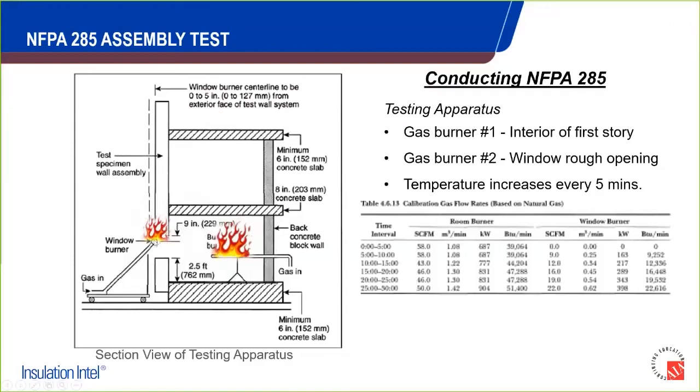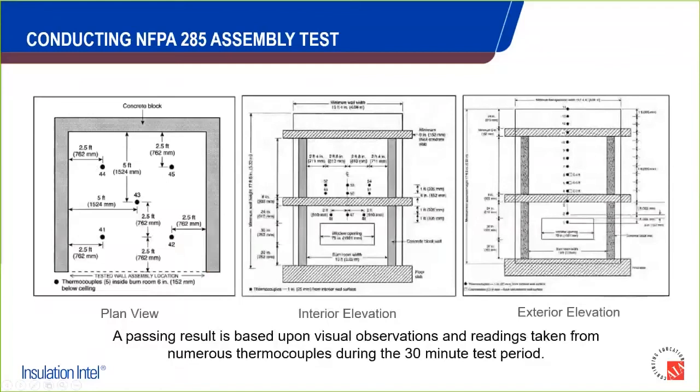So this burner right here replicates that effect. The temperature increases every 5 minutes. If at any point any one of those thermocouples detects a temperature of 1,000 degrees, the test fails. So it's a very specific test for that interior to exterior communication of fire.